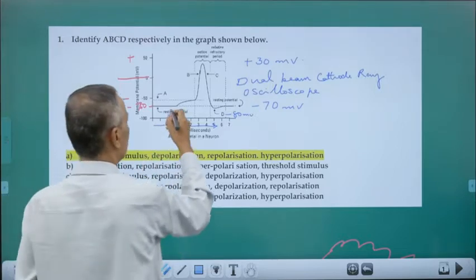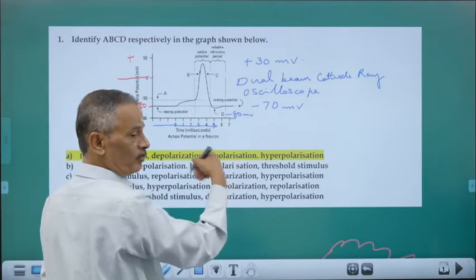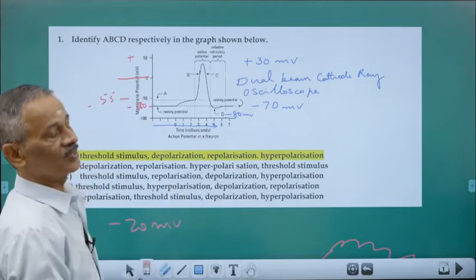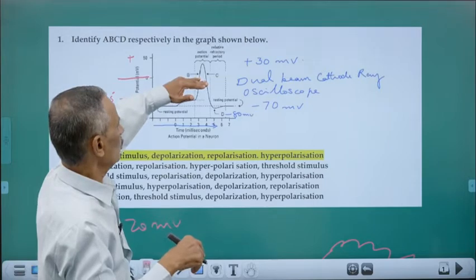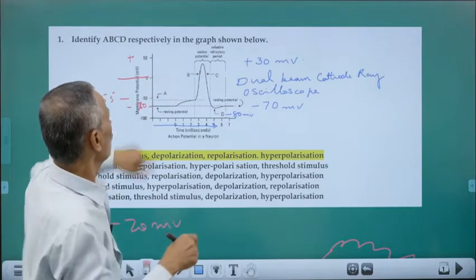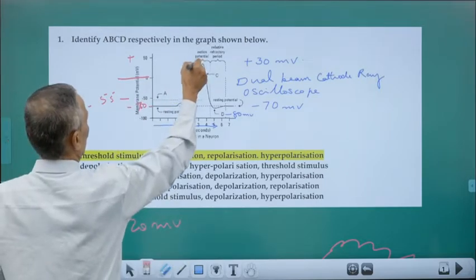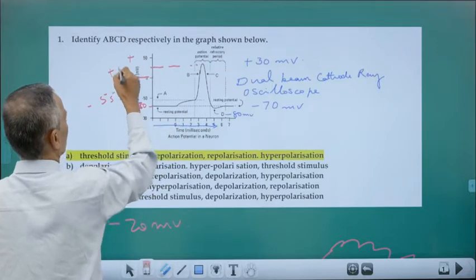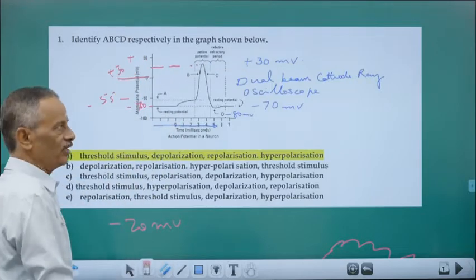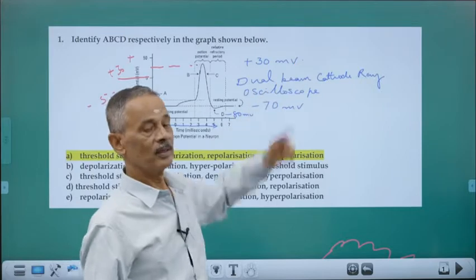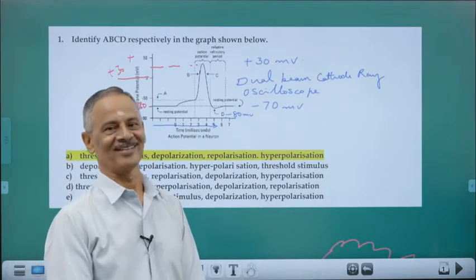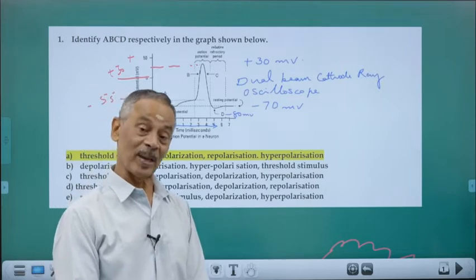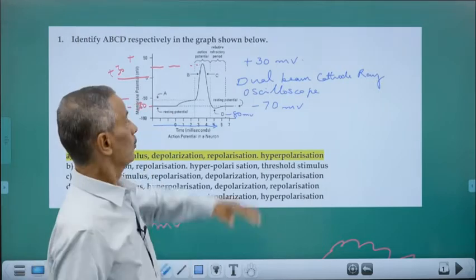And because of the influx of sodium, the inner side is becoming positive and it goes past that 0 and then goes to plus 30 millivolt. That plus 30 is the action potential.